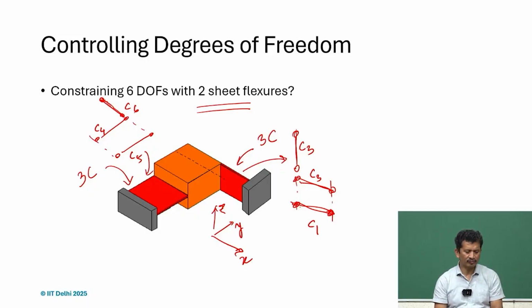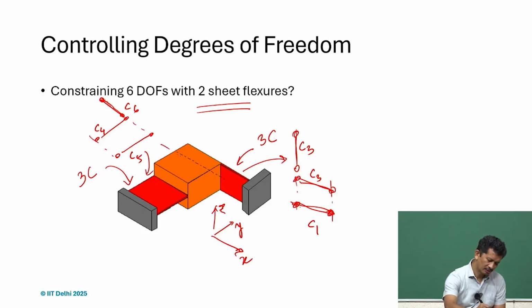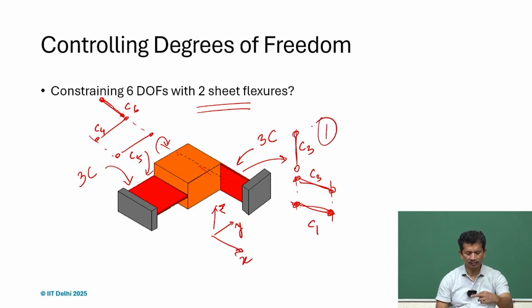From here also we realize that if we try to twist along this axis, this set can be twisted, but set 2 can also be twisted.